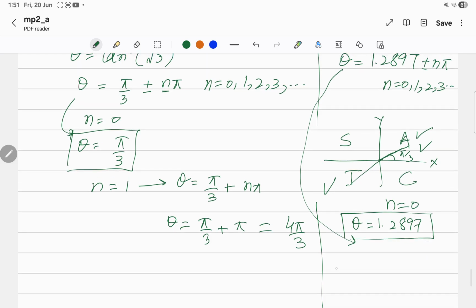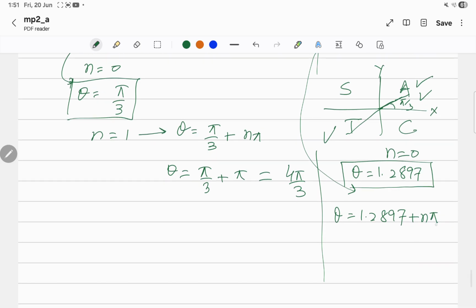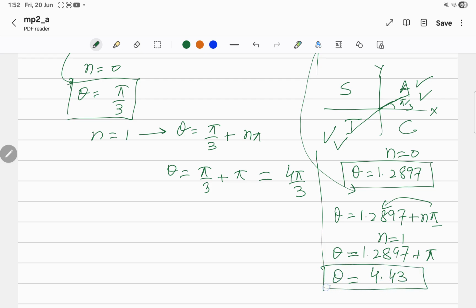And again, if you consider theta as a reference angle, 1.2897 plus n pi, and you put n equals 1, that means pi plus some angle, again you are in third quadrant, so we'll get the other value according to this. So it's 1.2897 when you put n equals 1 in it plus pi, so you need to add pi in it, which is 3 point something. If you add these two on the calculator, it will be 4.43 something, the other value of theta.